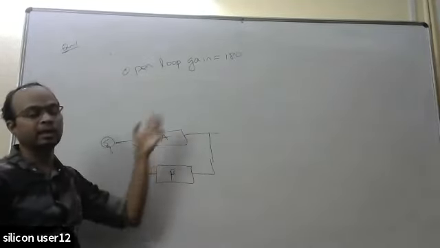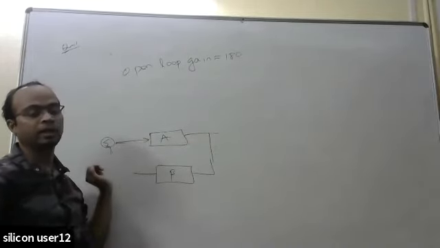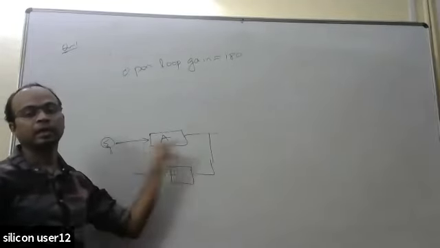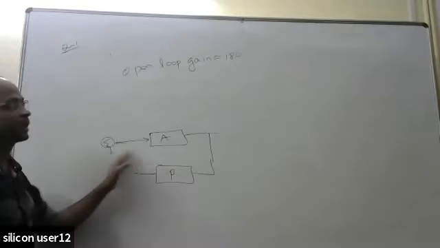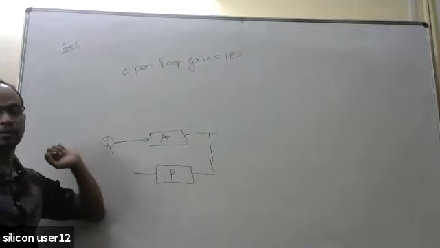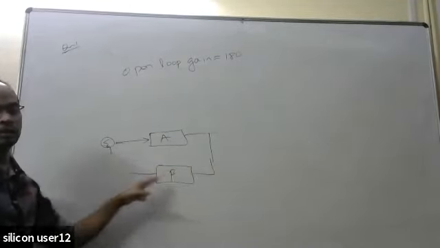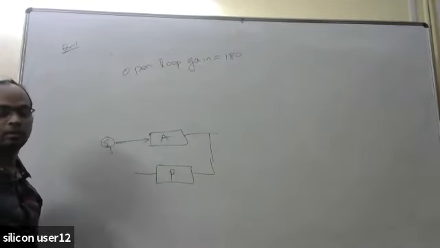Or if it is written that when the feedback connection was not given, or when the feedback circuit was open, at that time the overall gain equals 180, that means the gain of this block is 180. And after that it will write that when the feedback is applied, at that time the gain equals this much, that means AF is given.